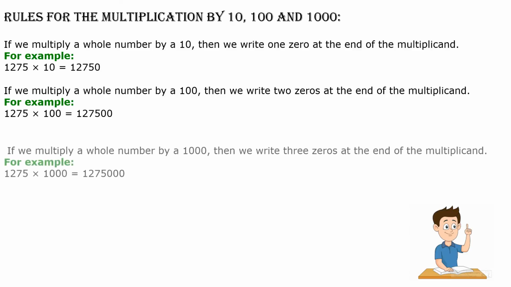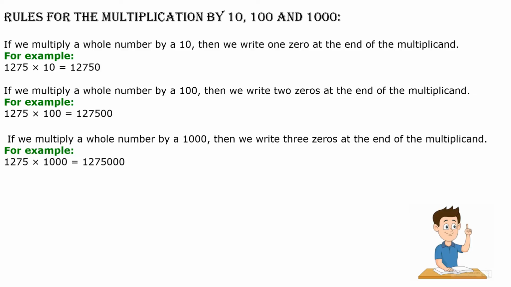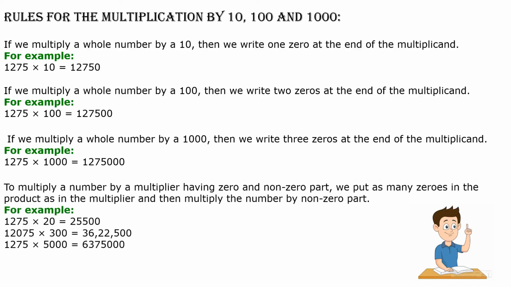Isn't it simple? If we multiply a whole number by 1000, similarly, like before, we will add 3 zeros at the end of the multiplicand. So 1275 into 1000 gives me 12,75,000.